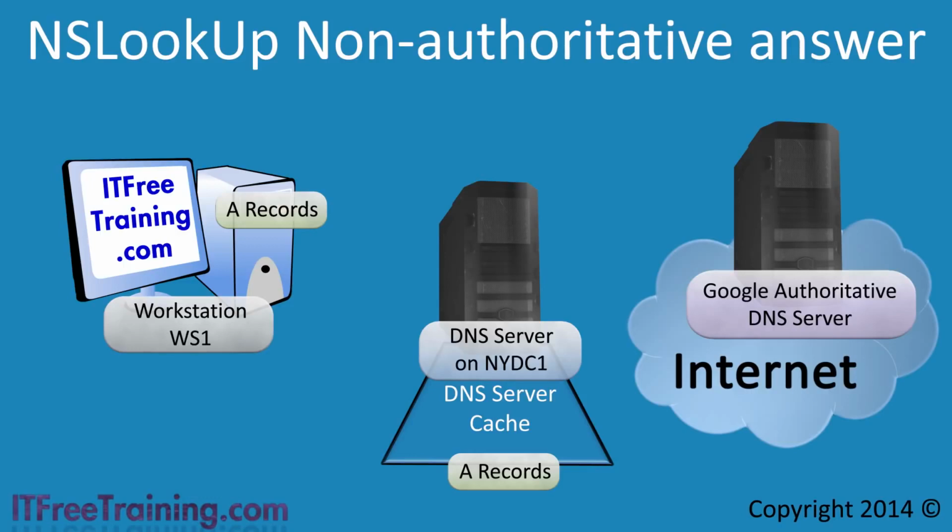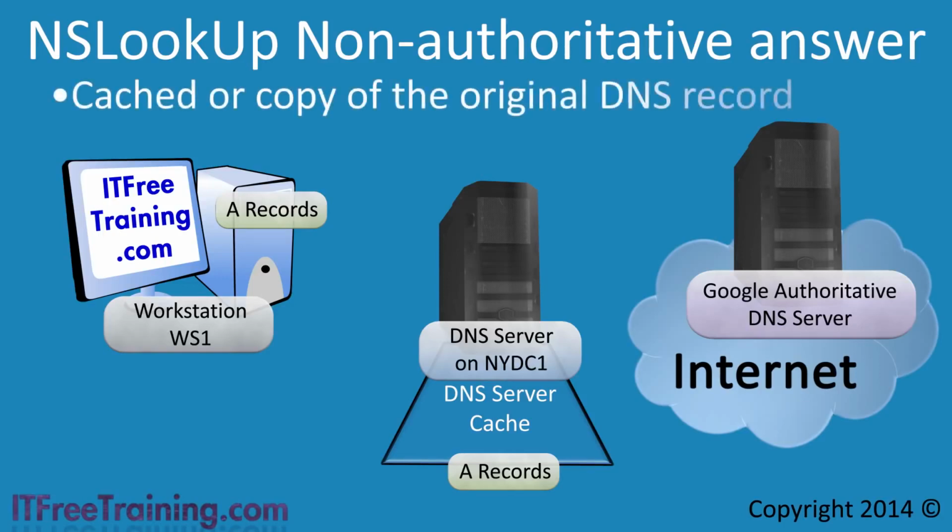For this reason, when using NSLookup, be aware that when you see a non-authoritative answer, this is essentially a cached copy of the original DNS record. For this reason, the DNS record may not be up to date. It is important when troubleshooting DNS-related problems to pick up little clues like these as to where the resolution problems are occurring.